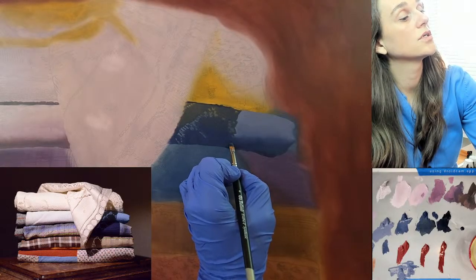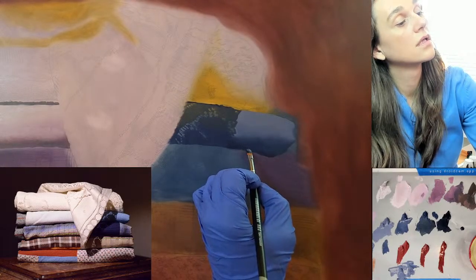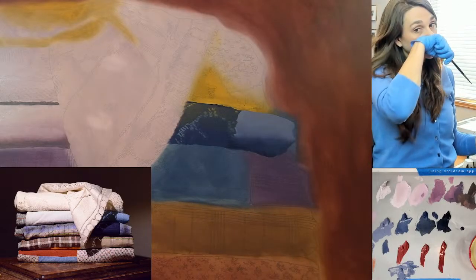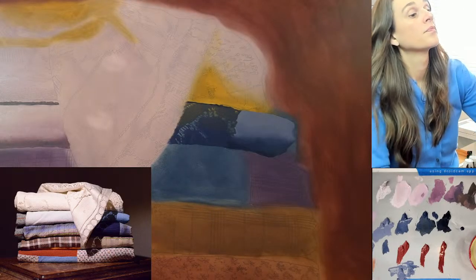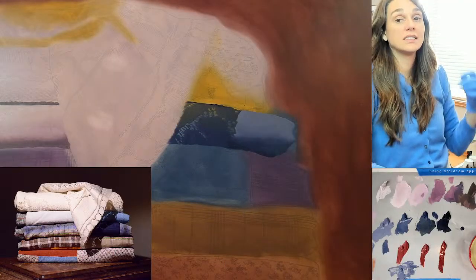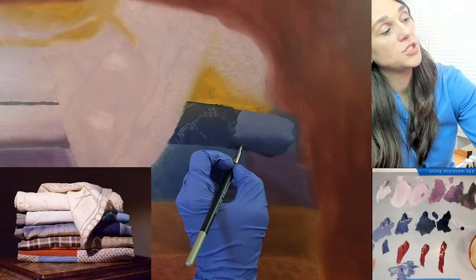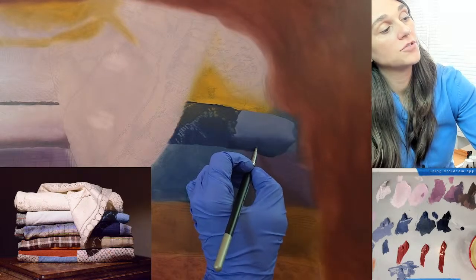Okay, so this darker shadow comes along here and underneath like that. Now again, I don't want to leave this as a sharp edge because this is soft fabric. That means my reflections, even my darkened reflections, are not going to have sharp edges.